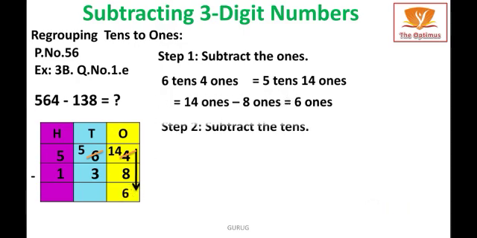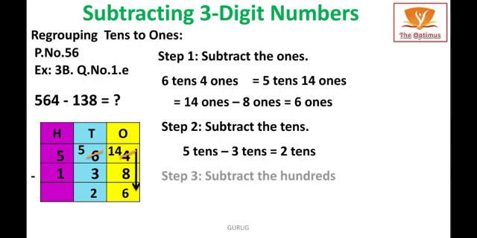Step 2, subtract the tens. Now in the tens place I have 5 minus 3 equals 2. That means 5 tens minus 3 tens equals 2 tens. In this 2 tens, 2 I am going to write in the tens place. Step 3, 5 minus 1 equals 4.